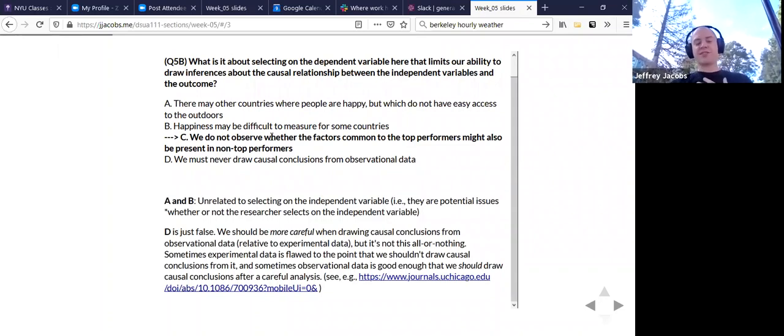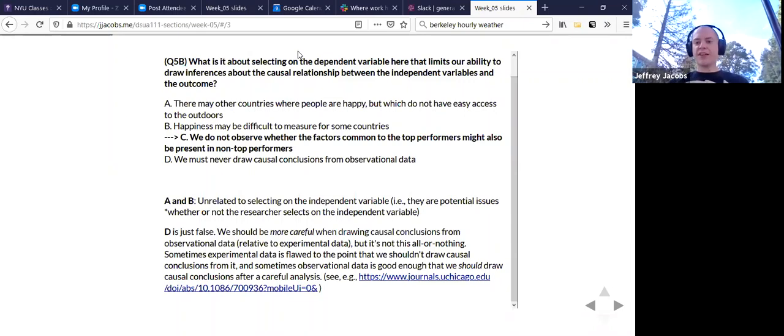But yeah, sorry. Question 5B is: what is it about selecting on the dependent variable that limits our ability to draw inferences about the causal relationship between the independent variable and the outcome? And the thing is that all of the options except C had nothing to do with selecting on the dependent variable whatsoever.